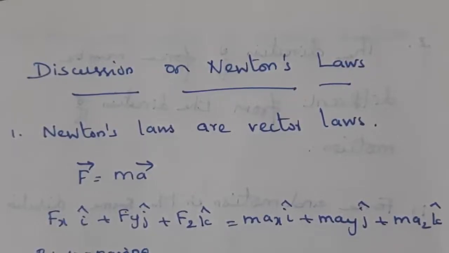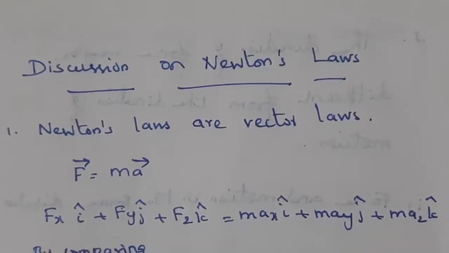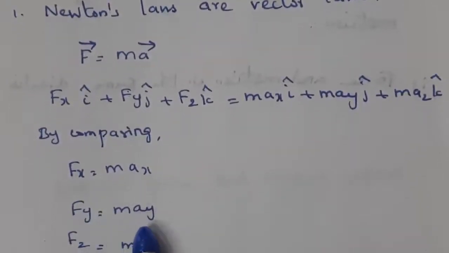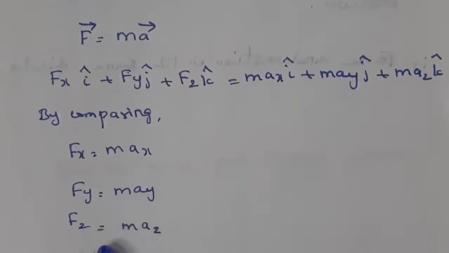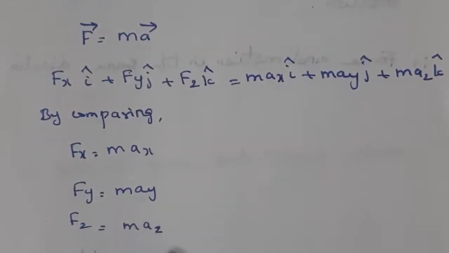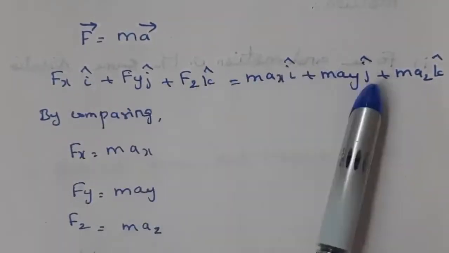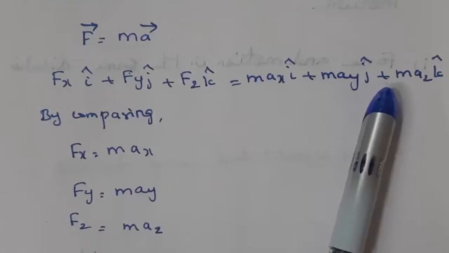By comparing on both sides, the three scalar equations can be written as Fx equal to max, Fy equal to may, Fz equal to maz.